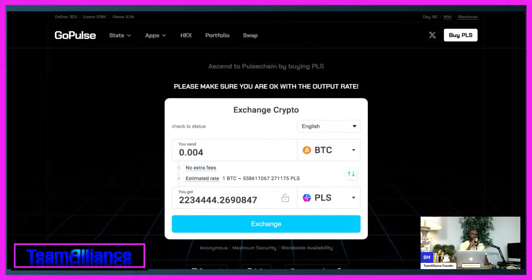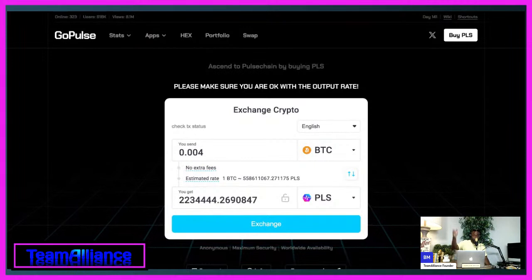But the gas fee for moving from PulseChain to Ethereum, I'm thinking that it's in Pulse. And I might be wrong, but regardless of which one it is, let's say that it's Ethereum, you would only be paying that on one side. You see what I'm saying? So you're only paying it from moving your Pulse from PulseChain to Ethereum, and once it gets over there, then you can stake it on Ethereum. And when you stake it, then you got to pay your gas fee on the Ethereum network.